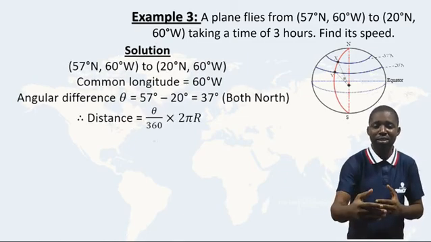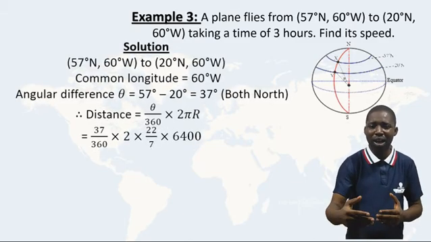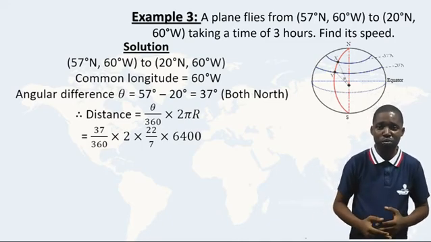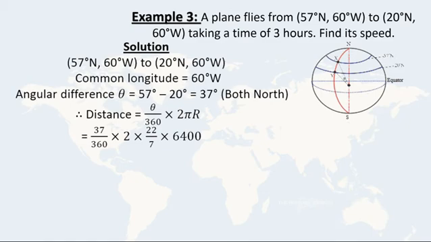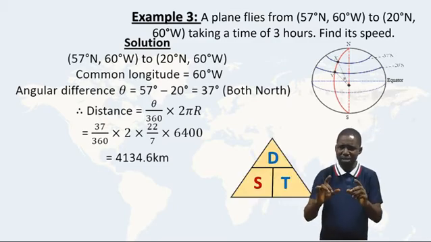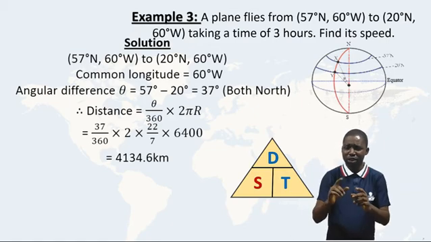So we have 37 over 360 times 2 times pi, which is 22 over 7, times 6,400, which happens to be the radius. If you multiply all this and divide, you will end up getting 4134.6 kilometers.